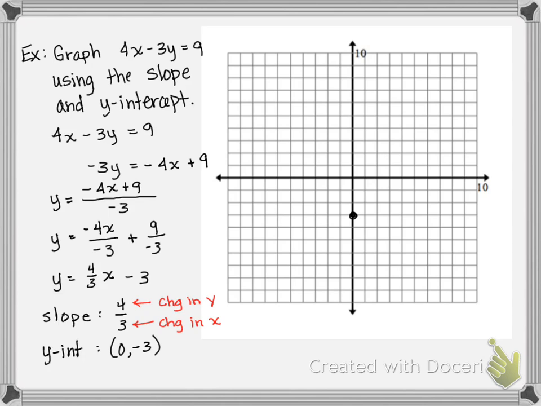And so from my point, I'm going to increase my x value by 3, and then I'm going to increase my y value by 4. So my change in x is a positive 3, my change in y is a positive 4, and that gets me to my second point right here.